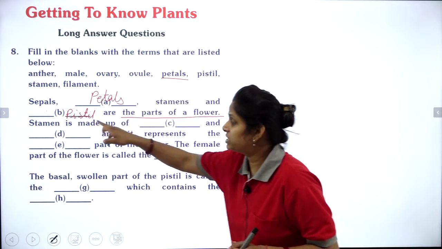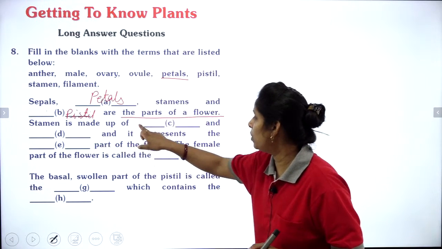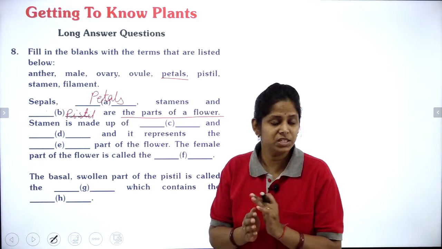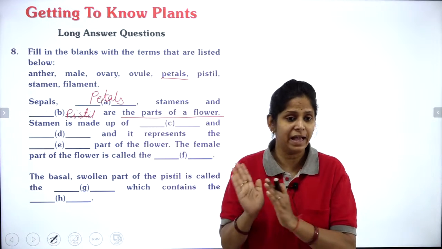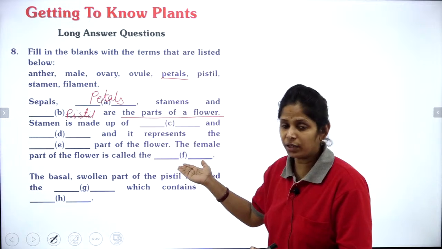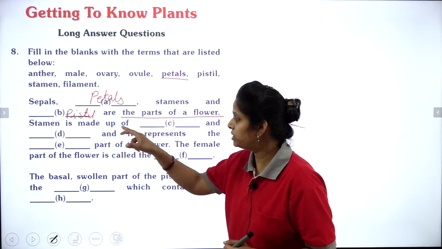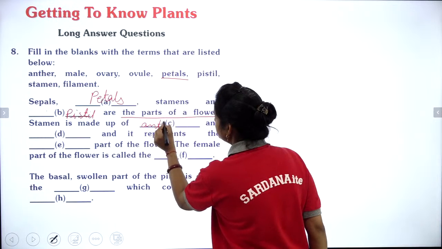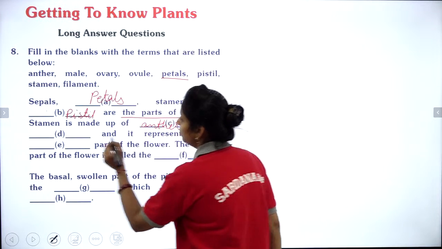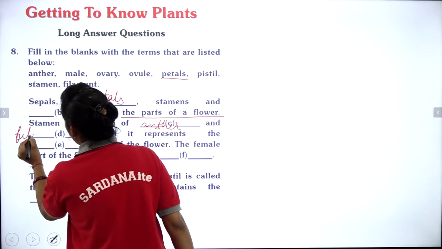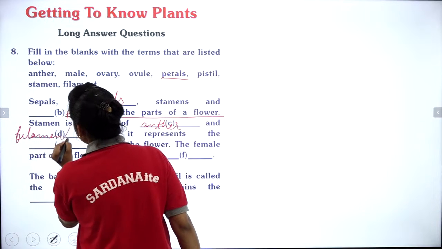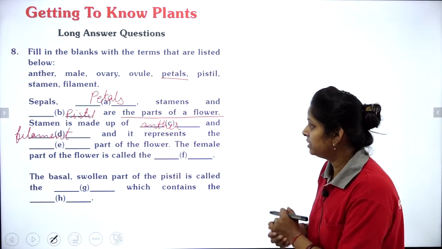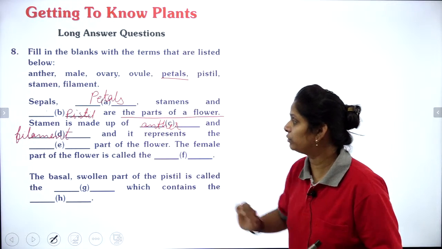Then after, stamen is made up of fill in the blank and fill in the blank. Stamen consists of two main parts, anther and filament. So this one we have to write down here. So stamen is made up of anther and filament, F-I-L-A-M-E-N-T, filament, and it represents the fill in the blank part of the flower.